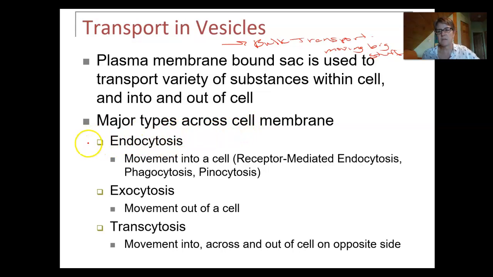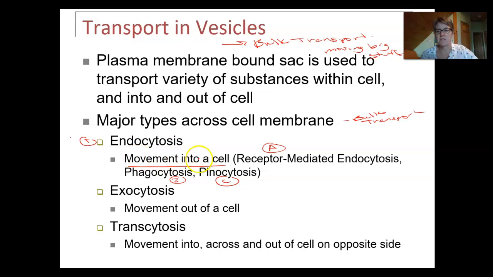There are 3 major types of bulk transport. I'm either moving stuff into a cell, and I have 3 different types: receptor-mediated endocytosis, phagocytosis, and pinocytosis. We'll talk about that in a minute.